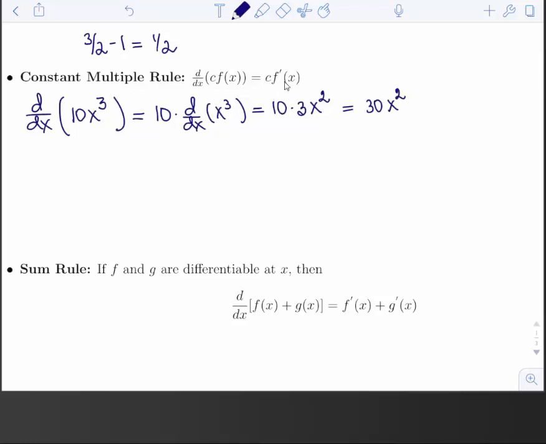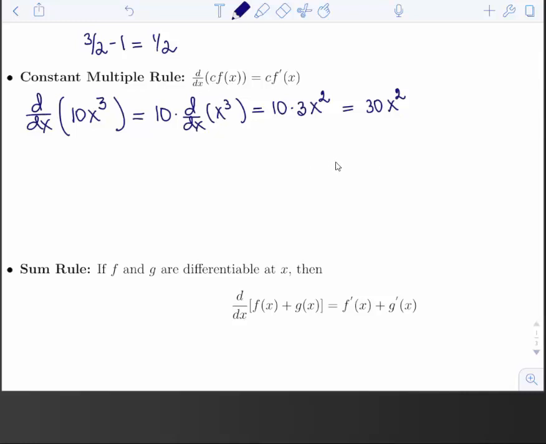A common mistake that I see sometimes, students say, oh, but the derivative of 10 is 0, so 0 times this should give us 0. You're right, the derivative of 10 is 0, but the derivative of the product is not the product of the derivatives. Okay, so we're going to talk about what we do when we have a product of functions, and that's going to be in the next section. Okay, if it's just a constant, just pull it out. It will make your computations a lot simpler.